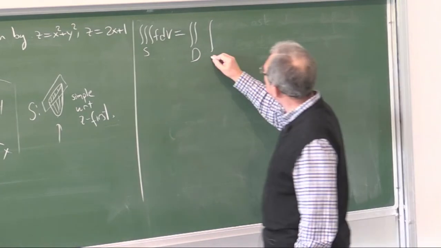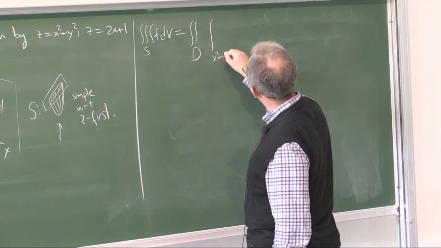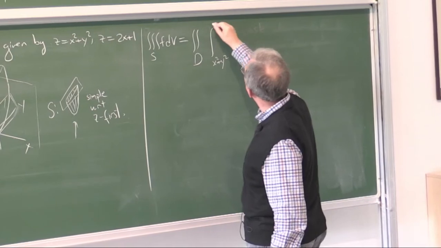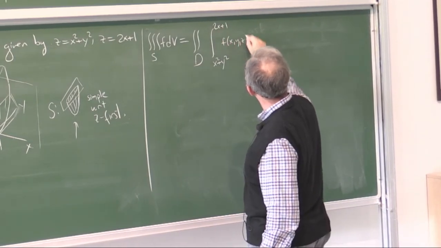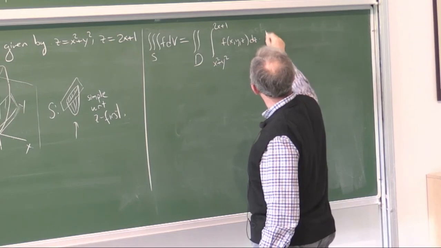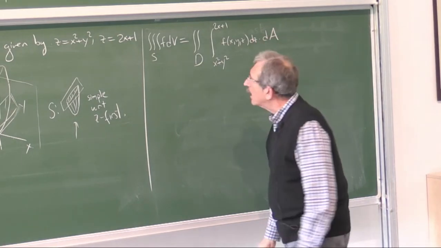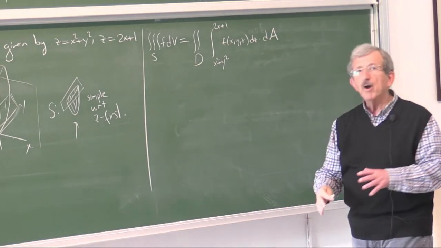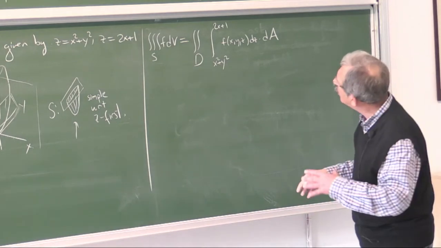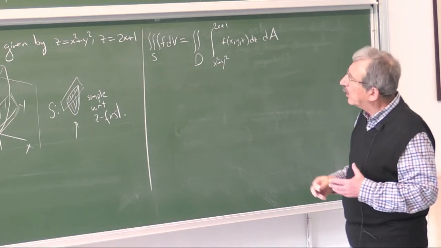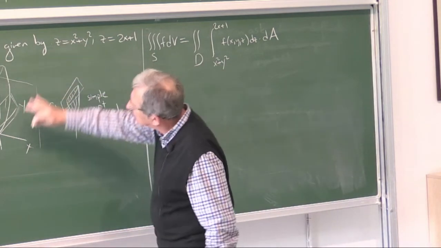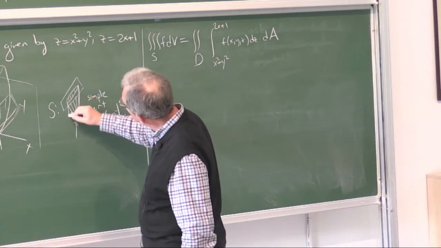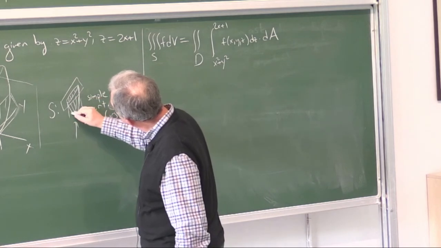So you start from x squared plus y squared up to 2x plus 1, f of x, y, z, dz, and dA. Now to complete the job, we need to find out what D is. Well, D is the projection of this onto the xy plane.